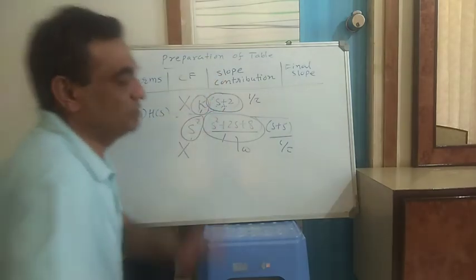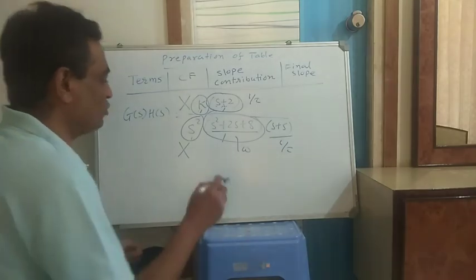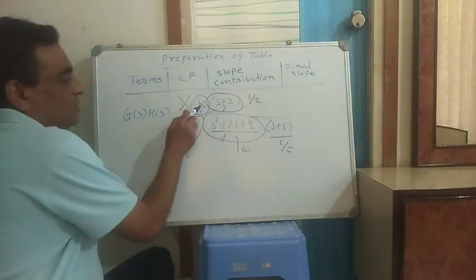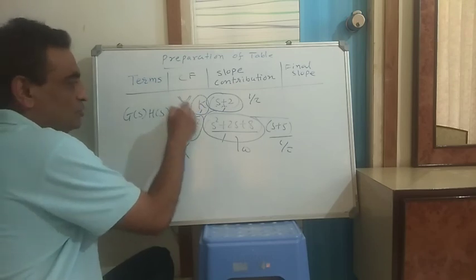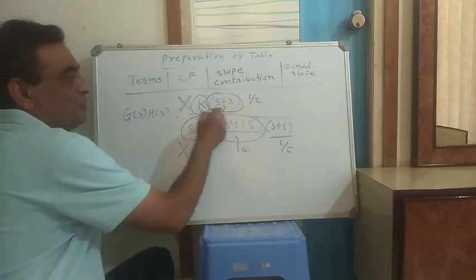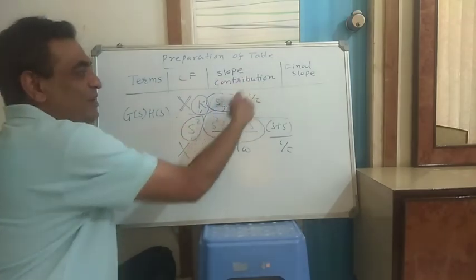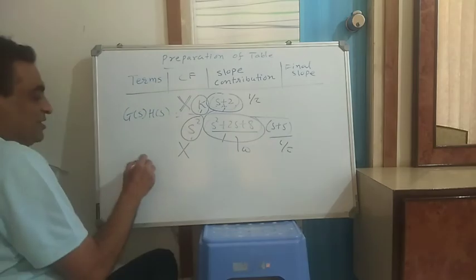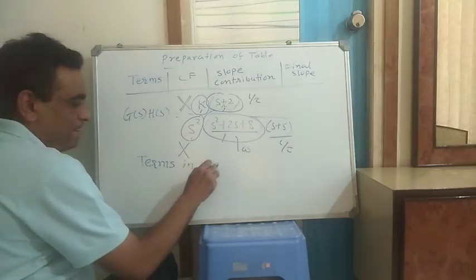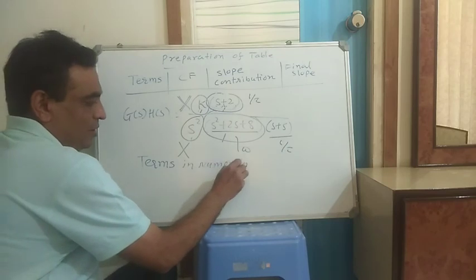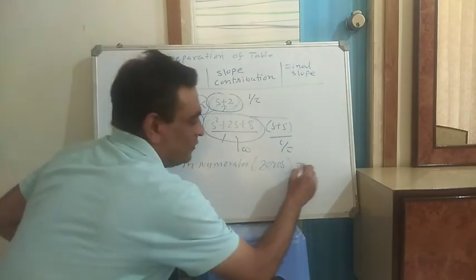Then about the slope contribution. For the slope contribution, the steady state gain K term doesn't contribute any slope, so there is no slope for K. If the terms are in the numerator, or due to zeros, the slope is always positive.